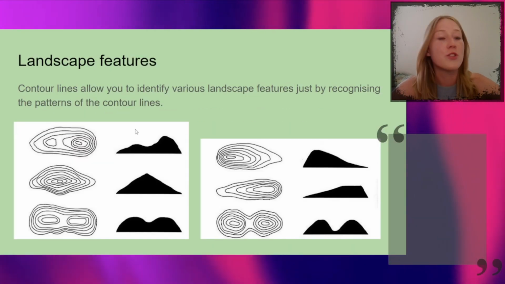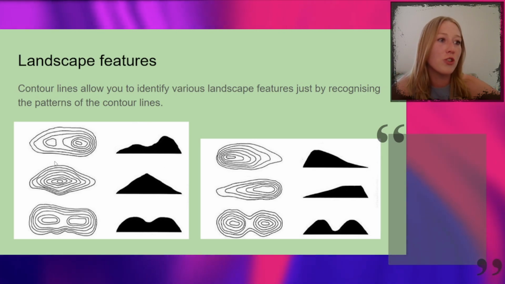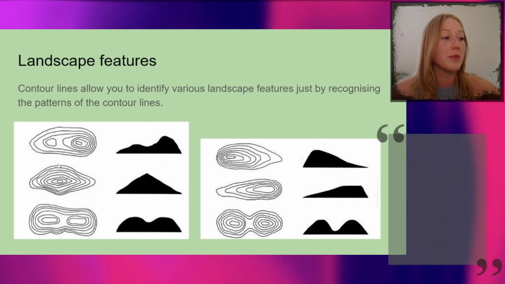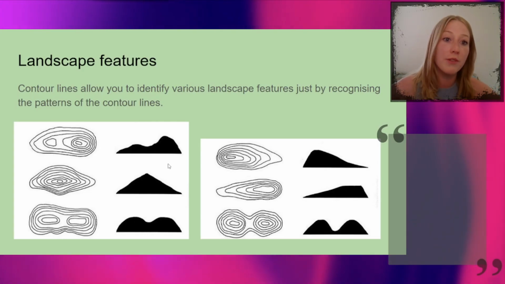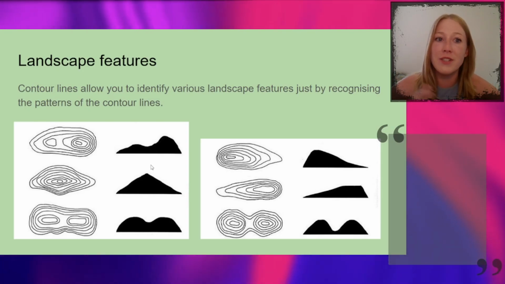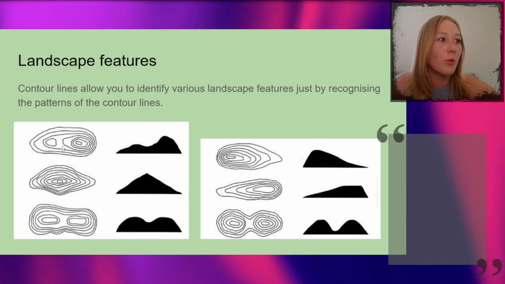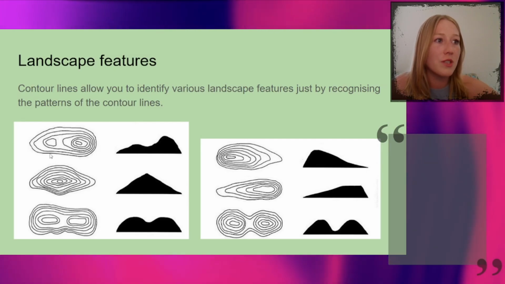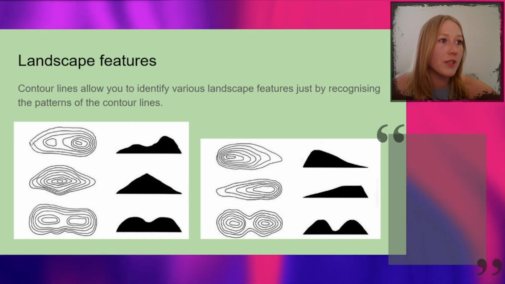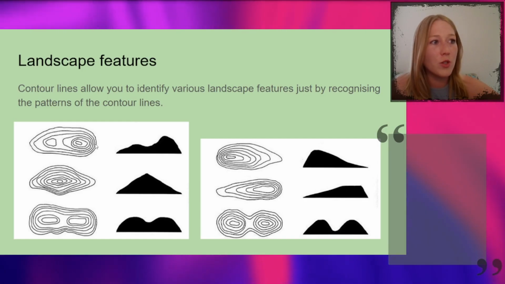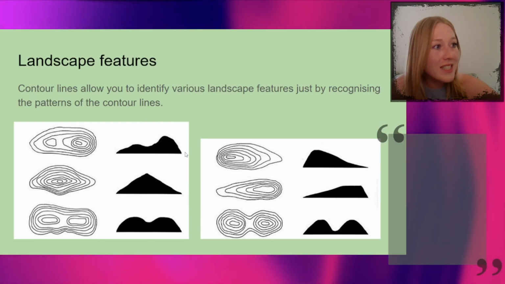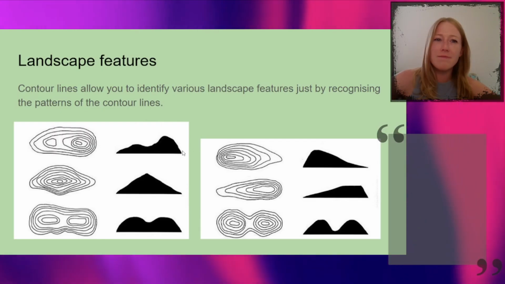You can also see what I mean by these numbers. Contour lines can show us the different types of a landscape. They can show us the shape of a hill or a mountain or a valley. We can see that this is all one height over here, and where these contour lines are really close together, it's increasing very steeply, rapidly.